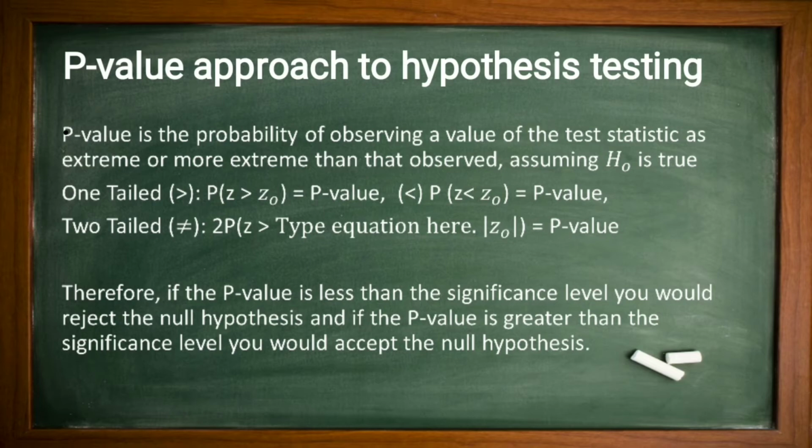Okay, p-value is the probability of observing a value of the test statistic as extreme or more extreme than that observed, assuming that the null hypothesis is true. Okay, so ayan po yung ating one-tailed and two-tailed. If the p-value is less than the significance level, you would reject the null hypothesis.